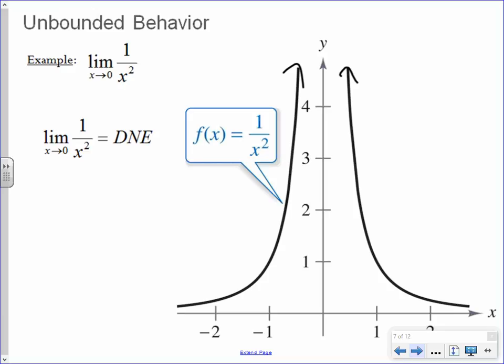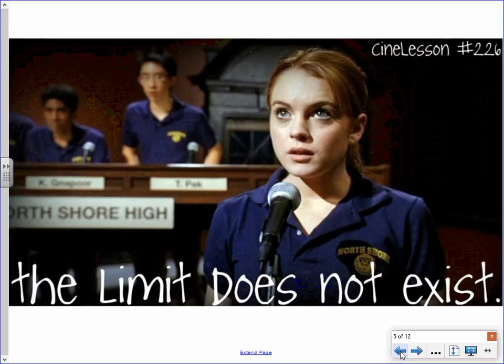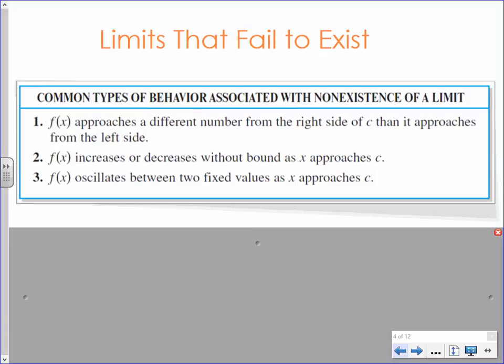Even though they're going the same way, which we'll come back and talk about, right now we're going to say that it doesn't exist. Later we will have a different way of describing it, but the limit does not exist because there is no bound.